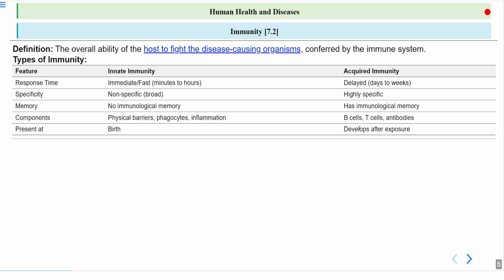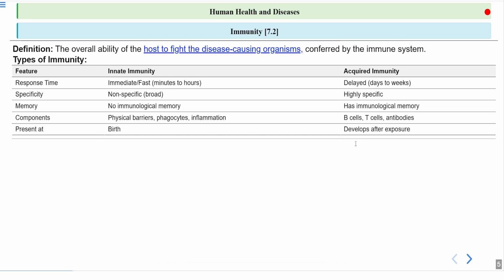Now let's talk about specificity. Innate immunity is non-specific, meaning it attacks any foreign invader it encounters, not targeting a particular type. But acquired immunity is highly specific, meaning it recognizes and targets particular pathogens. Now let's talk about memory.